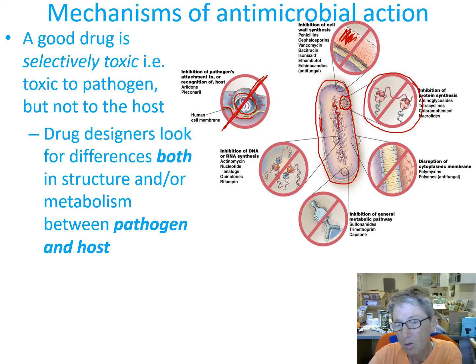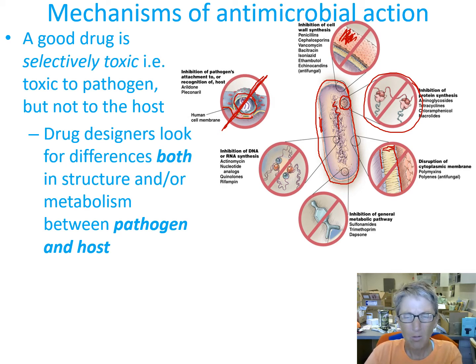You could also design a drug that disrupted the cytoplasmic membrane. So in this cartoon, you can see the phospholipid bilayer. Here are the hydrophilic heads and the hydrophobic tails of this layer. Here are the hydrophilic heads and the hydrophobic tails of the other layer.